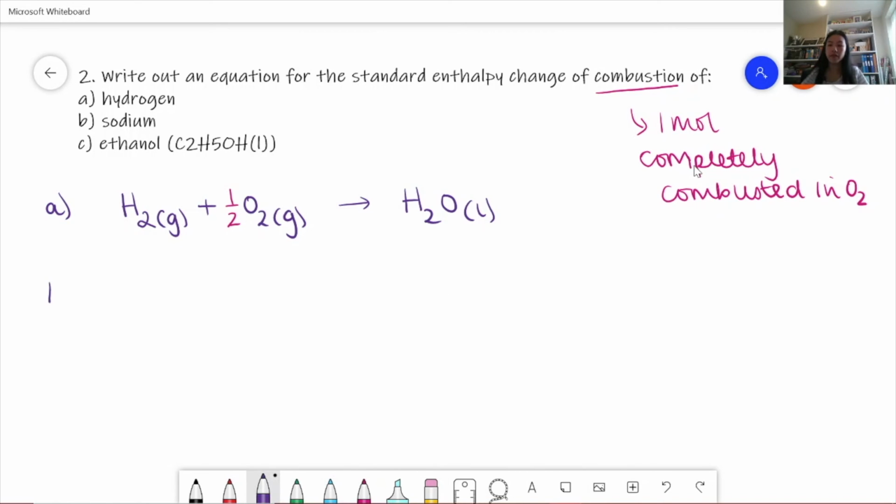For B, we're using 1 mole of sodium, which is a solid in its standard state, and completely combusting it with oxygen, which is in its standard state as well. And then we're forming sodium oxide, which is a solid in its standard state.